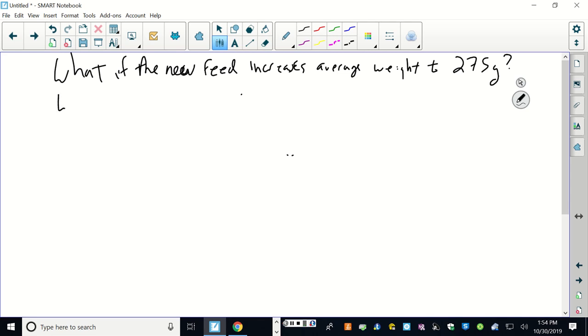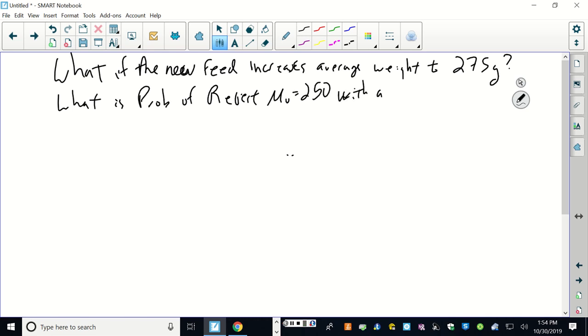By that statement, what is the probability of rejecting the mean of 250 with a sample size of 20 chicks? That's asking what is the statistical power to do it.